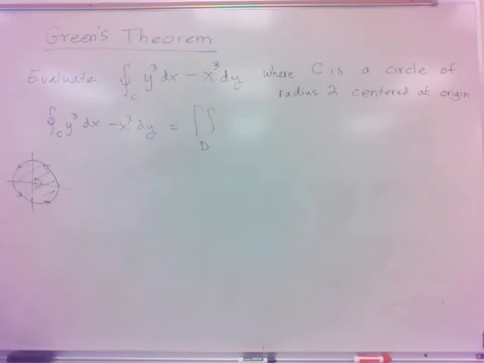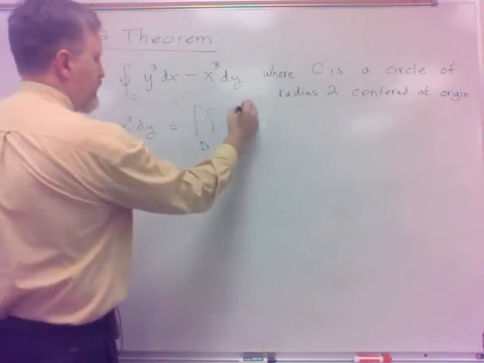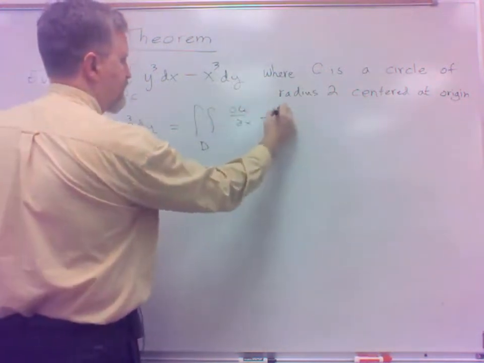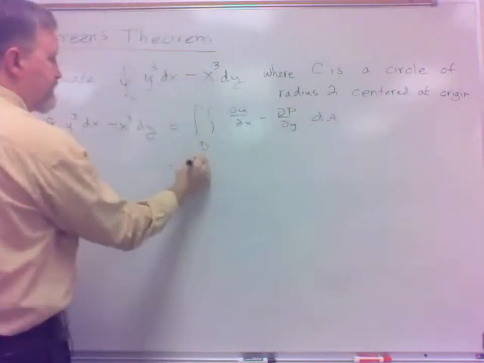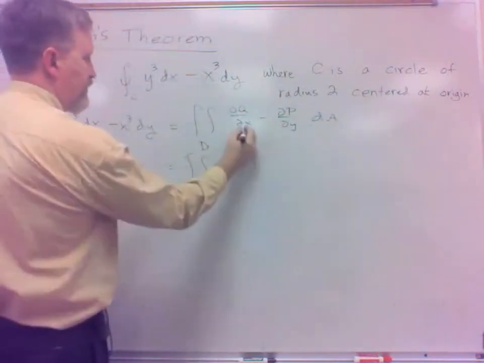Okay. The opposite. So we need the partial of Q with respect to x minus the partial of P with respect to y dA, and so in this case it would be the partial of Q with respect to x.